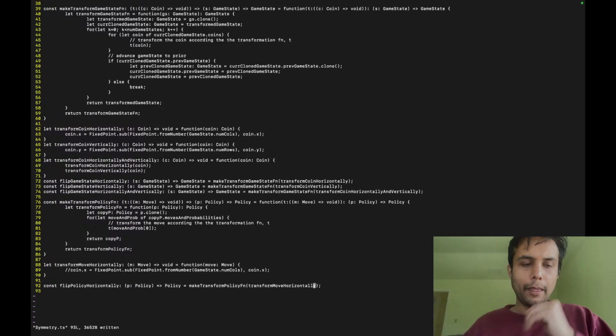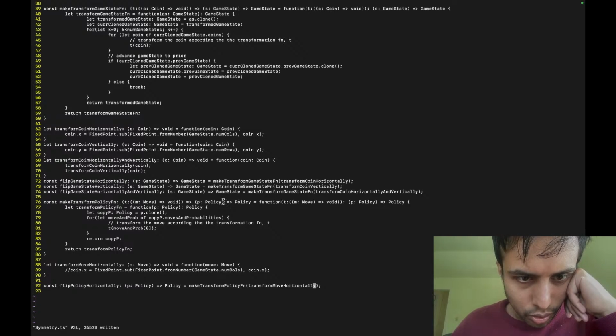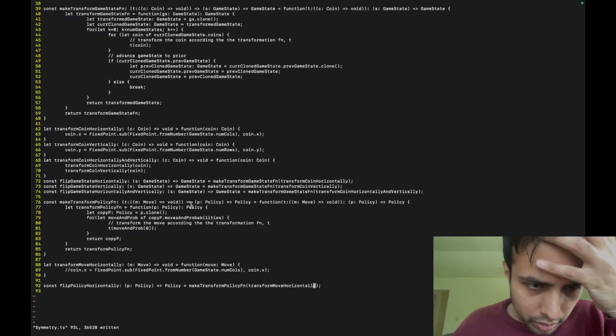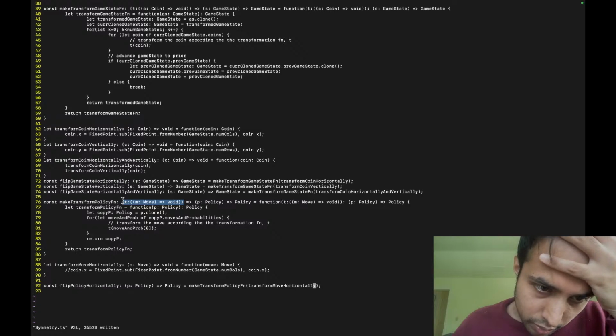Just like that. So when you do make transform policy function, its input is something. It takes in this consumer of a move and returns a function that maps from policy to policy.